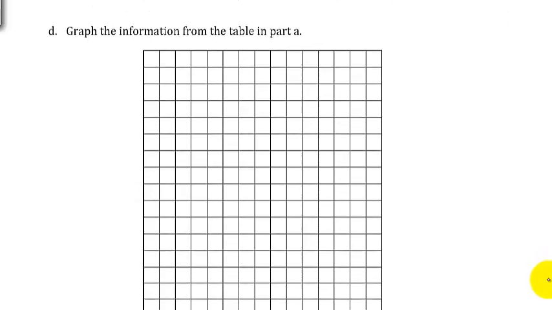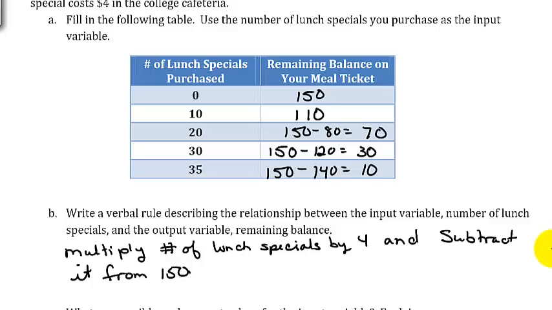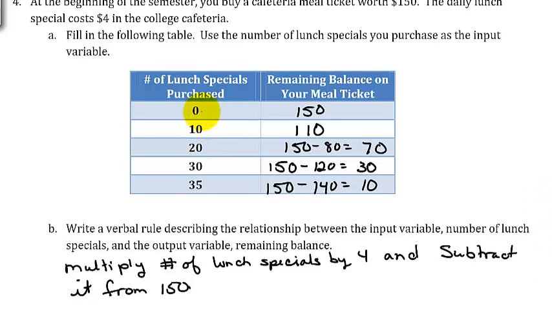So now we want to graph this information. And so the input variable is the number of lunch specials. That's going to go on the horizontal axis, and we need to go from 0 to 35.